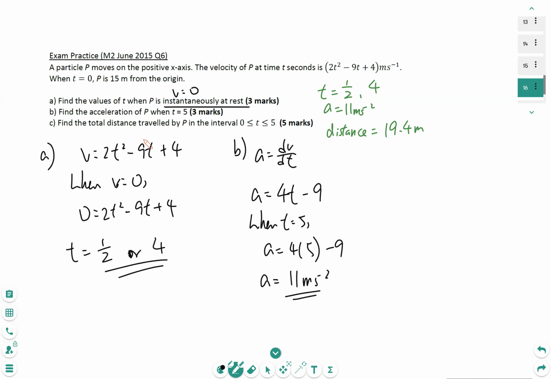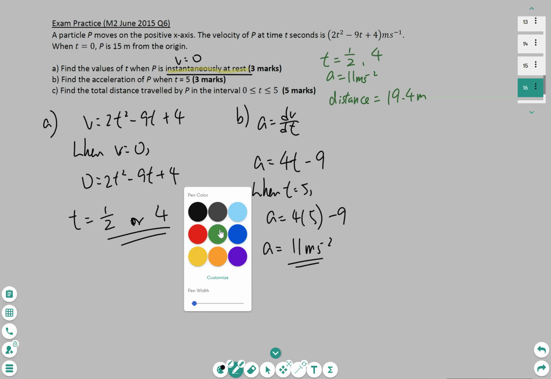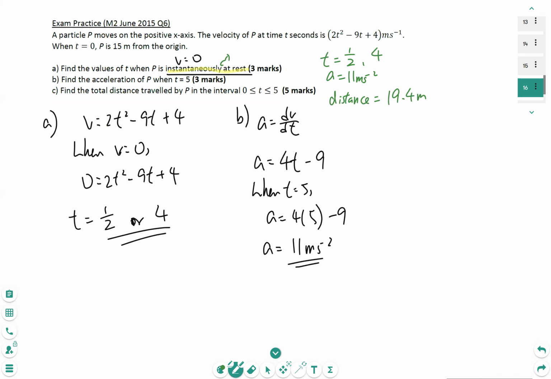Now part C, find the total distance traveled by p in the interval between 0 and 5. This is where the answer in part A comes in handy. When it says instantaneously at rest, it also usually means a change in direction. In the previous practice question, we talked about the difference between distance and displacement. So when you have a change in direction, then you have to calculate distance separately.